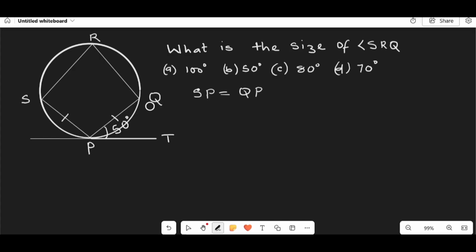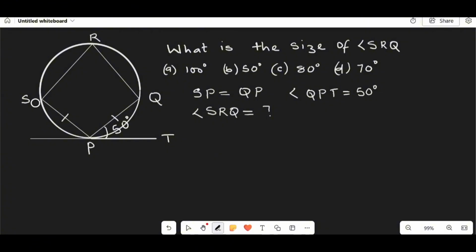Also, we were given angle QPT to be 50 degrees. And the question says we should find angle SRQ, angle SRQ equal to unknown.